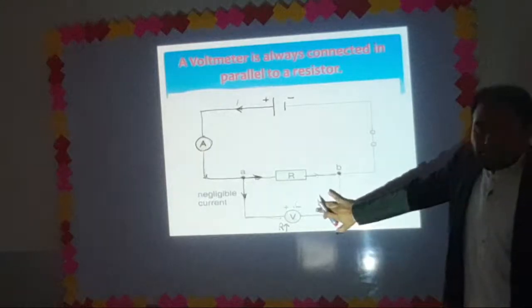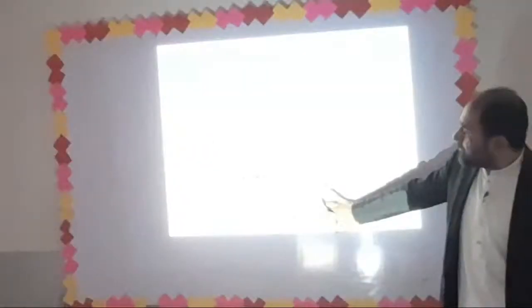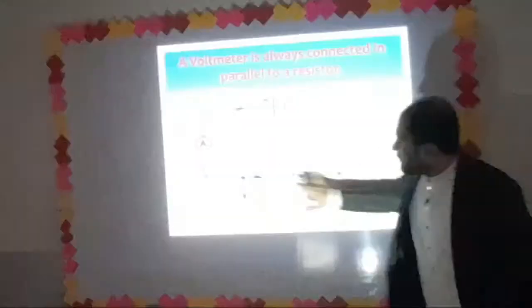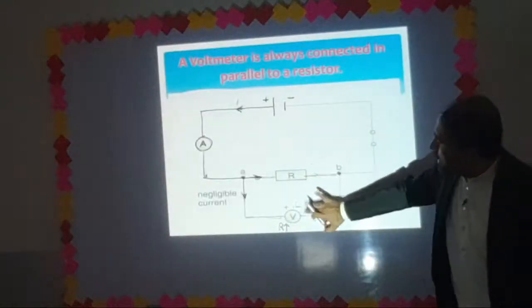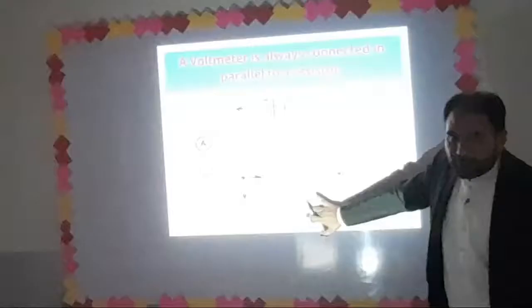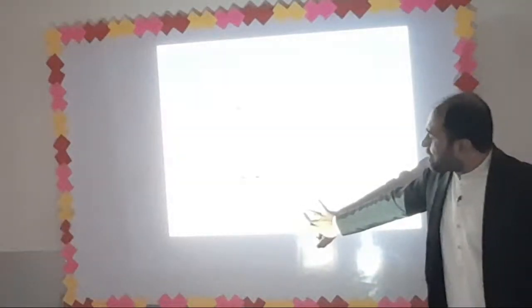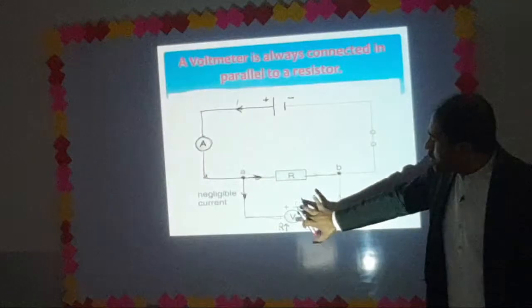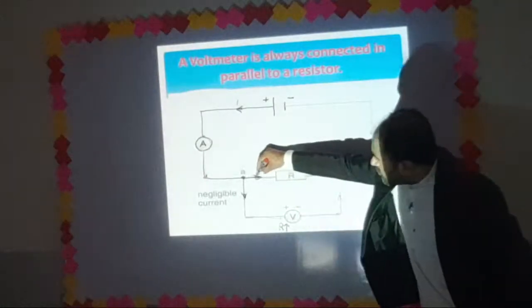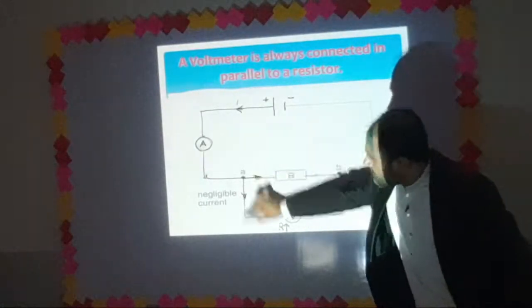So, voltmeter is used to measure potential difference between 2 points, and voltmeter is connected in parallel, and the internal resistance of voltmeter is kept very high to avoid the passage of current through it. Its resistance is kept high to compel the current to flow through this path rather than this path.